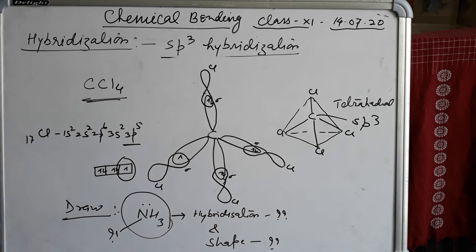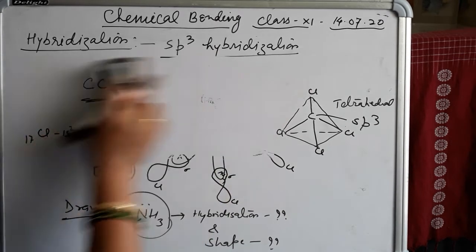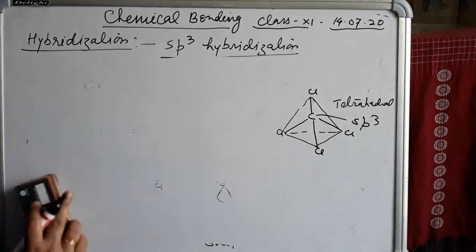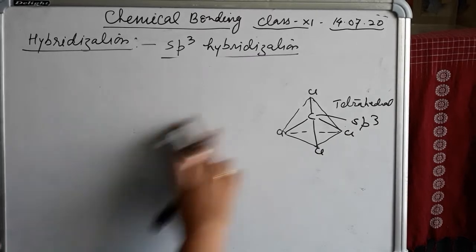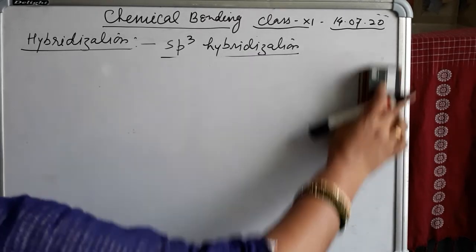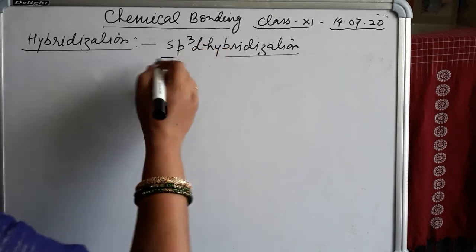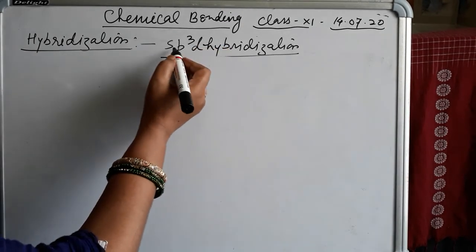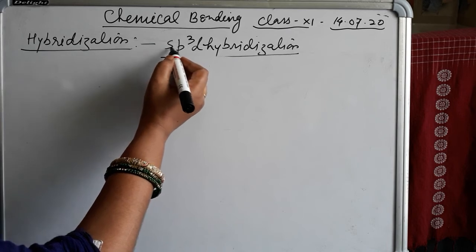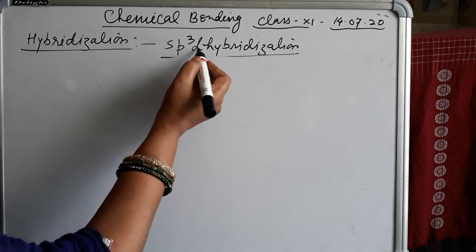sp3d. Here the number of orbitals is 1 s, 3 p, and 1 d orbital.